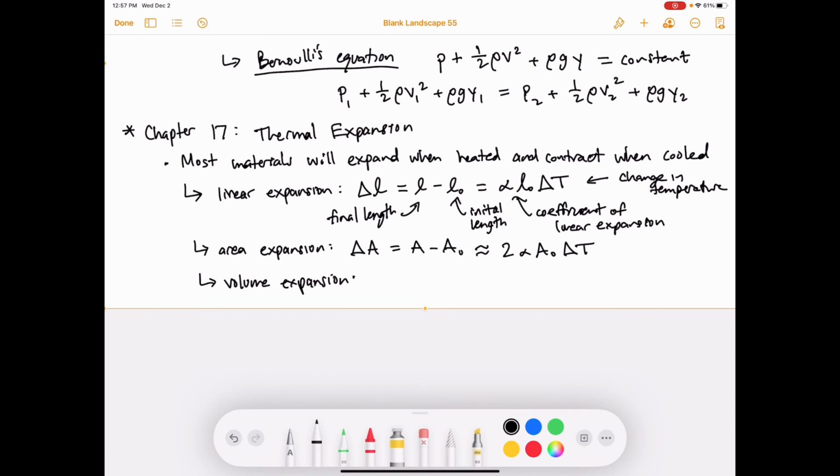So delta V would be some sort of change in volume that happens as a result of a change in temperature. Delta V is V minus V naught, which is approximately equal to 3 times alpha times V naught times delta T. And that's basically everything we learned in chapter 17.